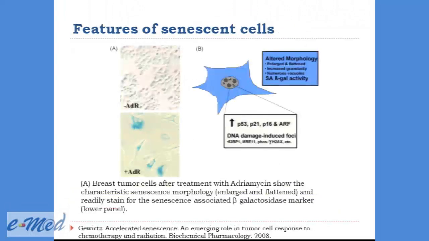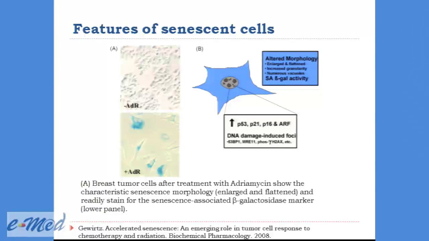Senescence, at least in vitro, is demonstrated pretty easily by overexpression of the before-mentioned molecular markers and staining of beta-galactosidase, which is a typical marker of senescence, and we use it routinely in laboratory settings.